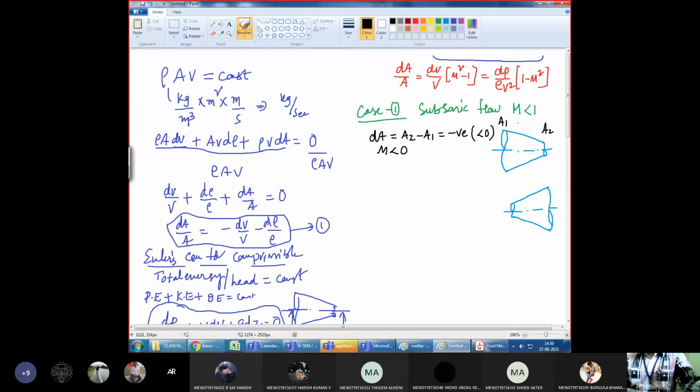Now, if you consider these two, dA by A. dA is negative. Please look at this one. I am rewriting here, dA by A is equal to dV by V into M square minus 1. This left side quantity is negative, and M is less than 1, so when M is less than 1, this value is negative. Then what about dV?